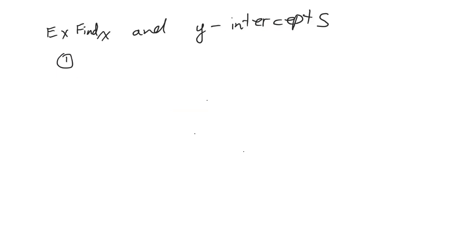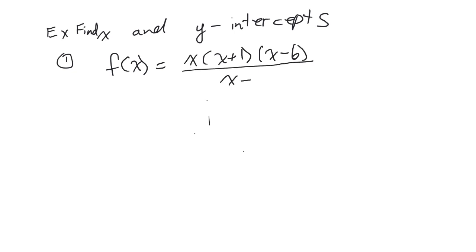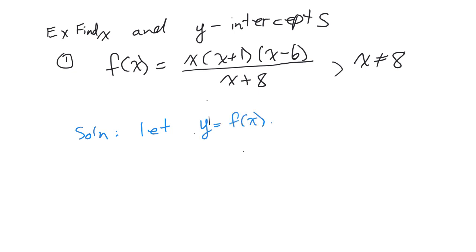So what I want you to do now is we're going to find the x and y intercepts based on this function. F of x is equal to x times x plus 1, x minus 6, all over x plus 8. And before we even begin, we look at that denominator and we must say x cannot equal 8. So let's find the x-intercept. So a solution is let y equal f of x equals 0.